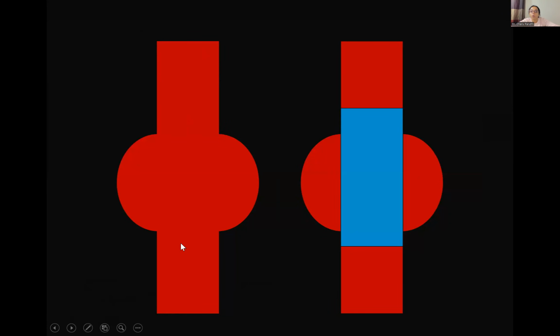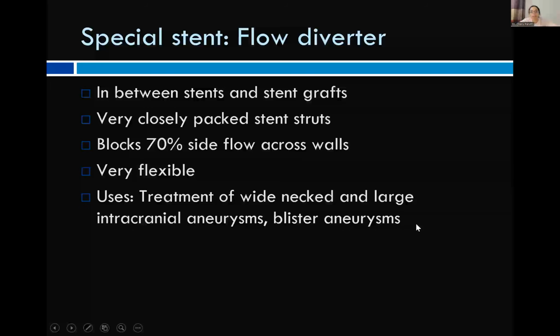If there's a pseudoaneurysm of the vessel, which is usually due to injury to the vessel wall, we have to make a new passage for flow of blood through this vessel. That is when we put in a stent graft. It should have a proximal and a distal landing zone, which is the normal part of the vessel, where this stent graft can be anchored. And so a new passage for blood flow has been formed and blood is no longer going into the pseudoaneurysm. So these are stent grafts.